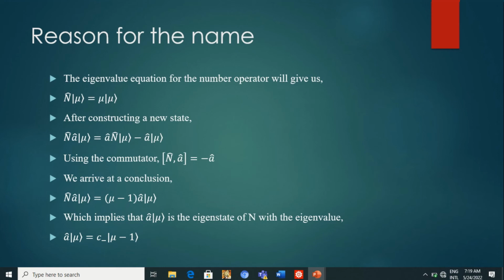And we would use the commutator that we have found previously, and we arrive at the conclusion that this gives you n acting on a|mu> equal to (mu minus 1) times a|mu>, which implies that a|mu> is an eigenstate with eigenvalue mu minus 1, so a|mu> equals c times |mu minus 1>.